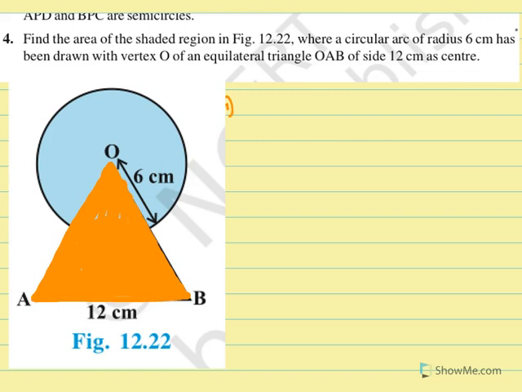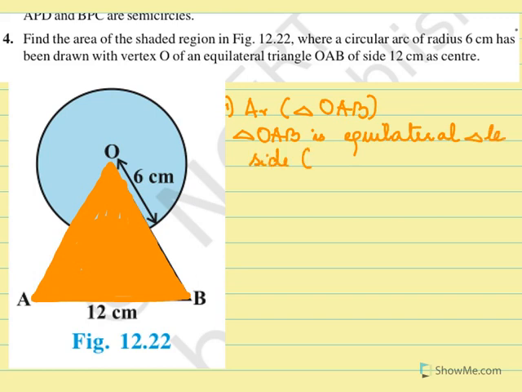So in the first step we'll find the area of the triangle OAB. Now triangle OAB is equilateral. They've given this to us. And the side of this triangle, the side which is OA or OB or AB, is 12 centimeters, which is also been given to us.